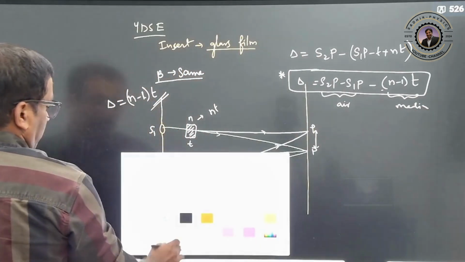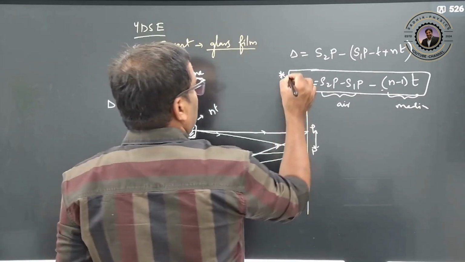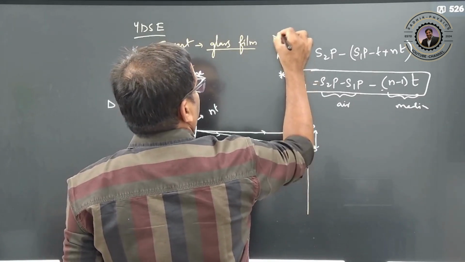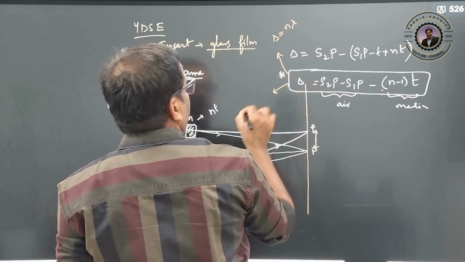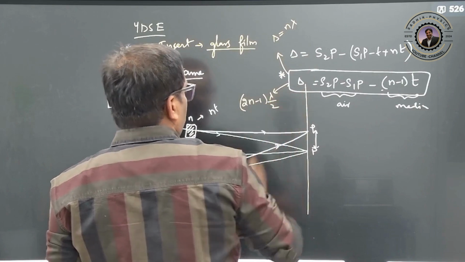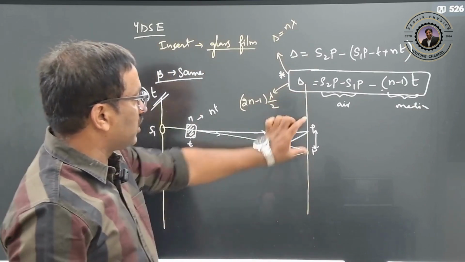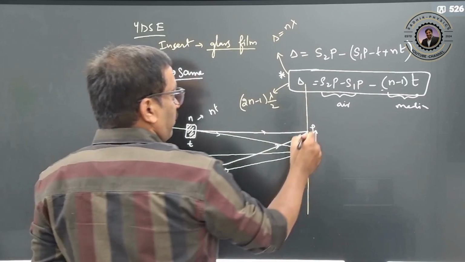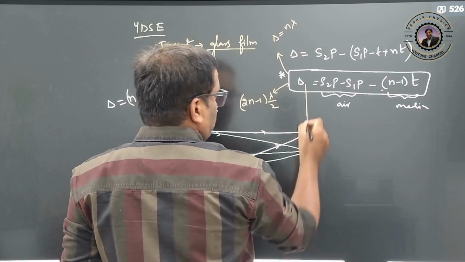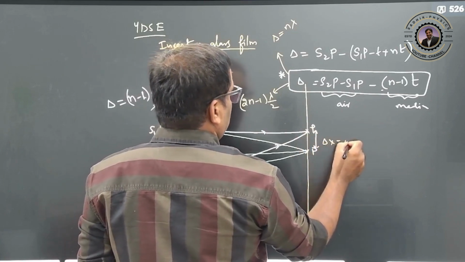Suppose here there is a bright fringe, so you can write the path difference as n lambda; for a dark fringe, the path difference is (2n minus 1) into lambda by 2. Now suppose we want to calculate how much shift has taken place. For the central maximum, this path difference should be equal to 0.